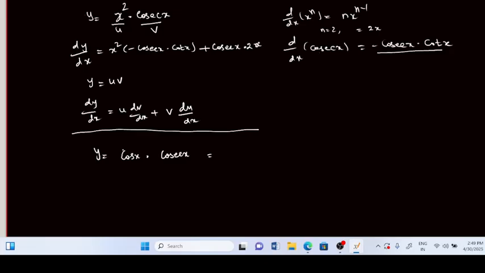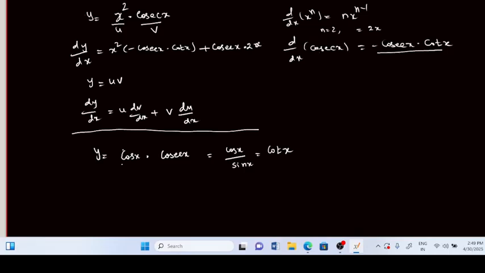We know that cosecant x can be written as 1 by sin x, so we can write it as cot x. While writing the answer, we get different answers, but both are the same.